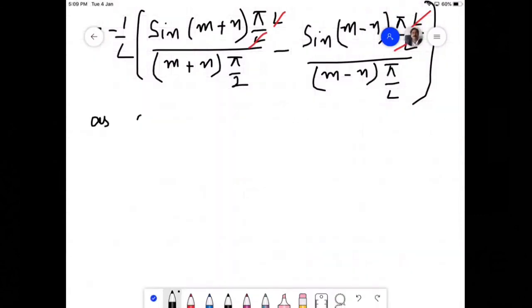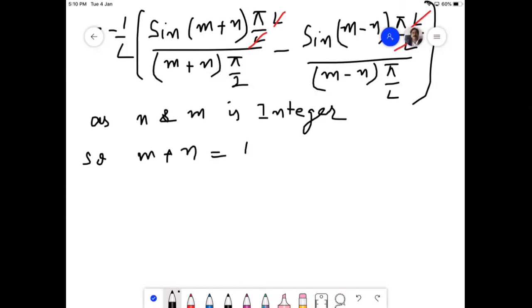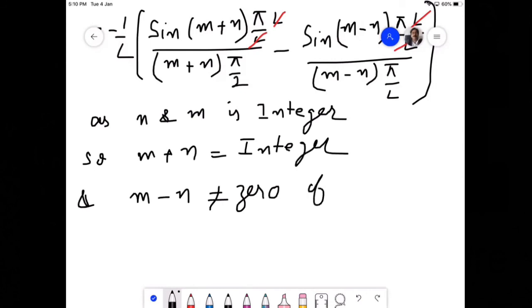As n and m are integers, m plus n will be an integer, and m minus n will not equal 0 if m is not equal to n.